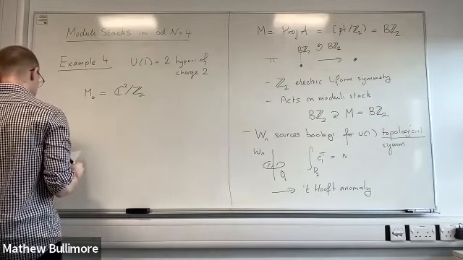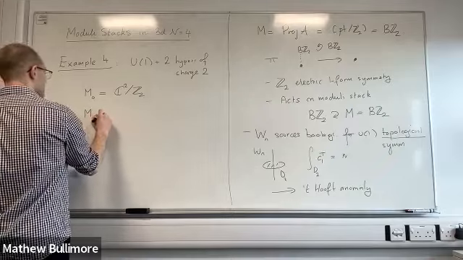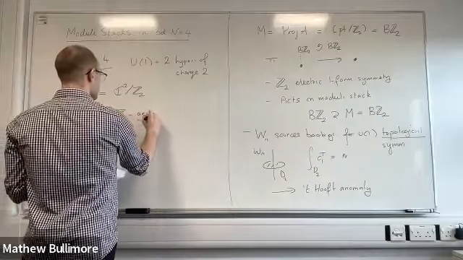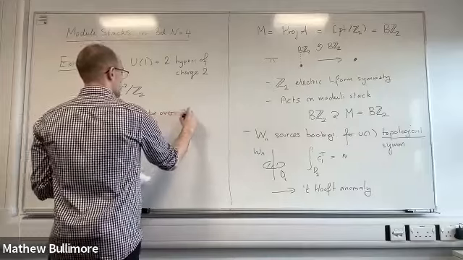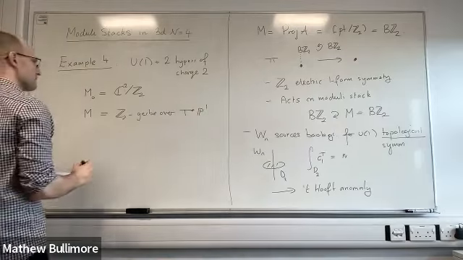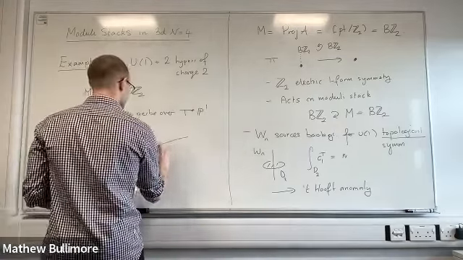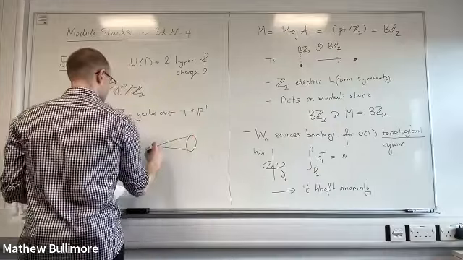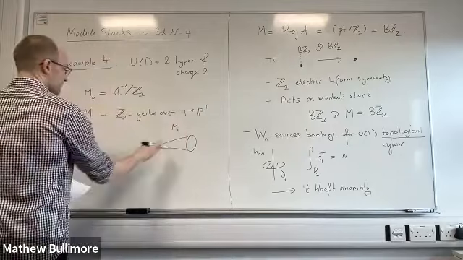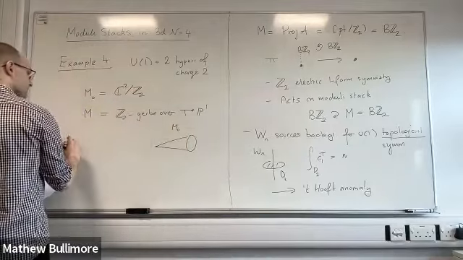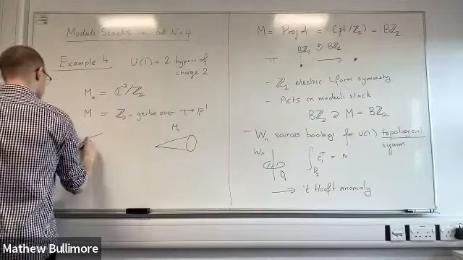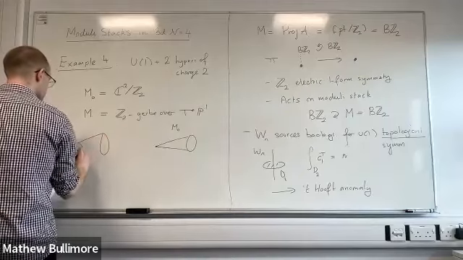What about the moduli stack? The moduli stack takes the form of what's called a Z2 gerbe over T star of P1. So instead of doing the calculation, let me just draw a picture. Here's M0, my conical space, C2 mod Z2. And what happens with the stack? Well, two things simultaneously happen.